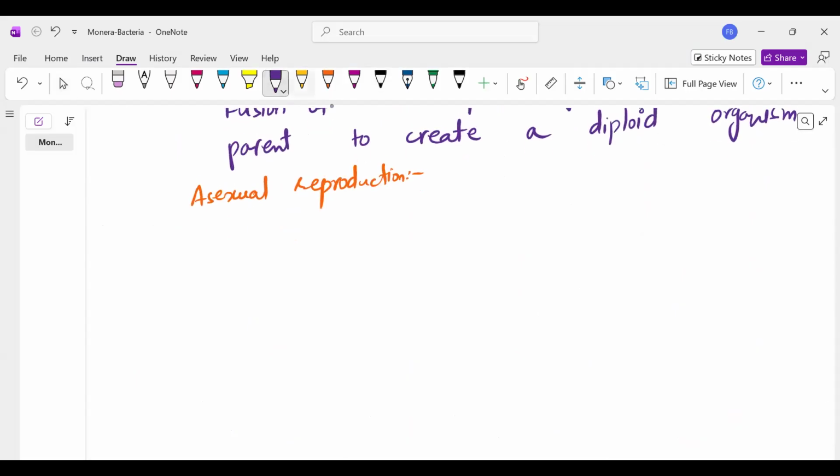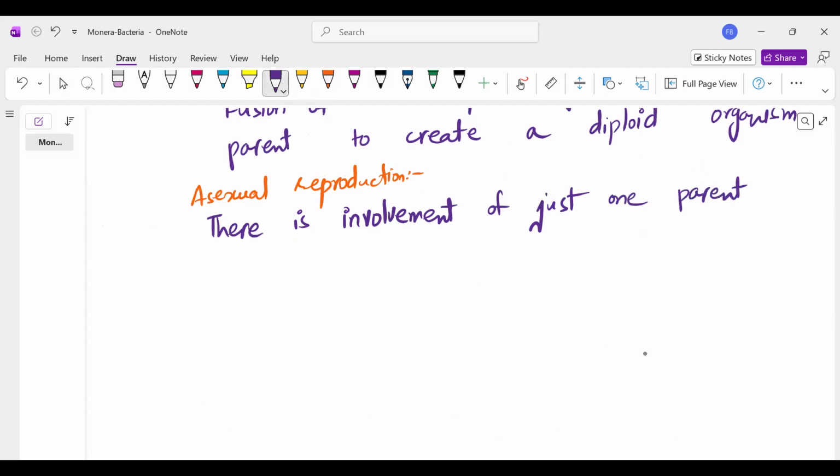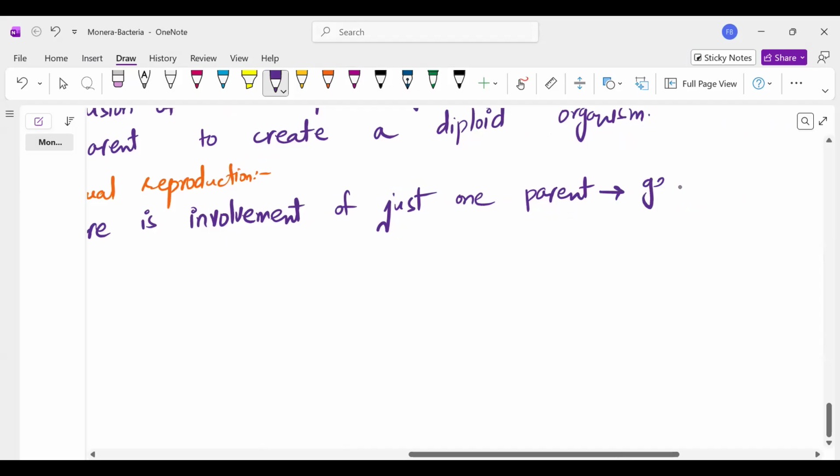So let me write this over here first: in asexual reproduction, there is involvement of just one parent, and all the offspring will be genetically identical to each other.